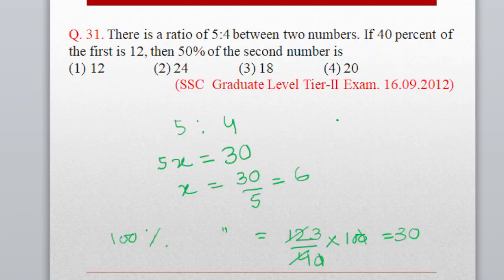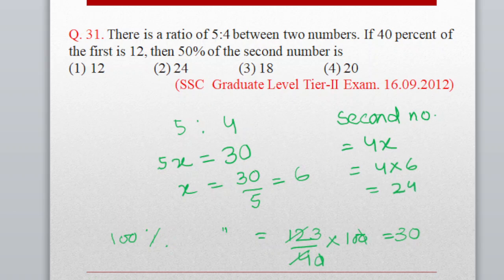And second number is 4x. So that is equal to 4 into 6, which is equal to 24.